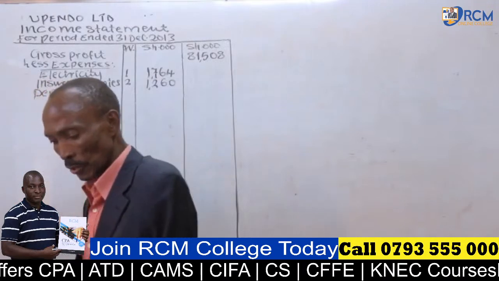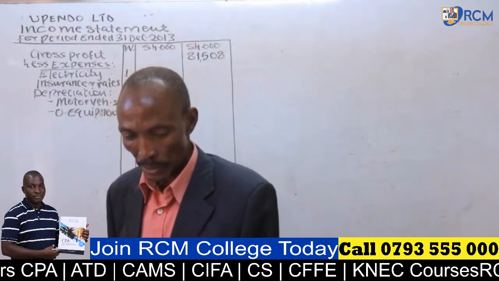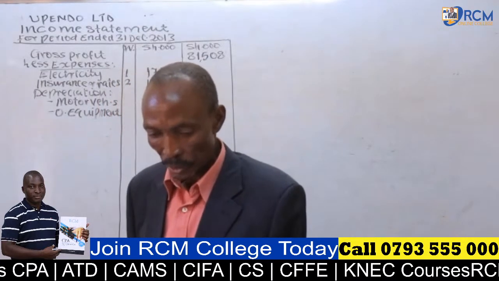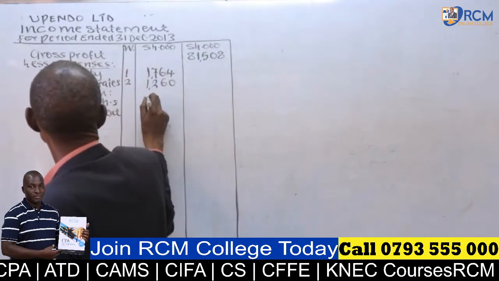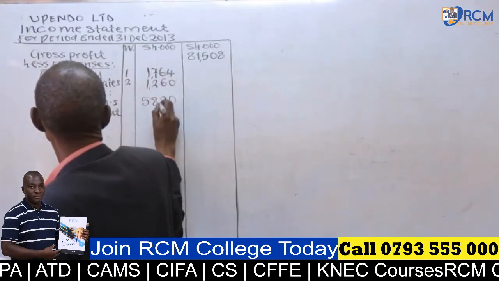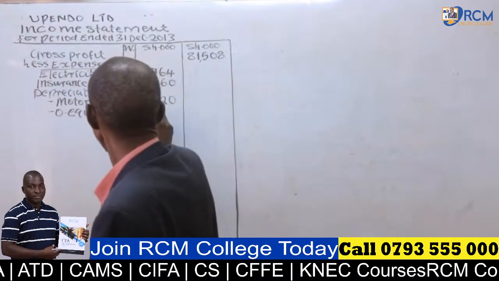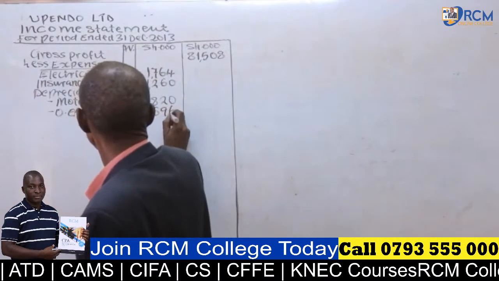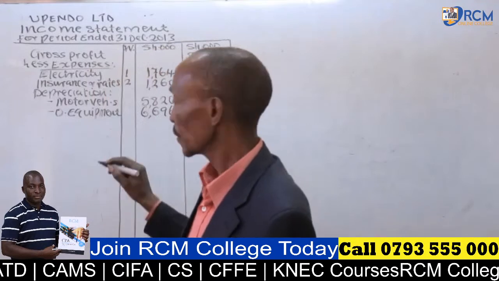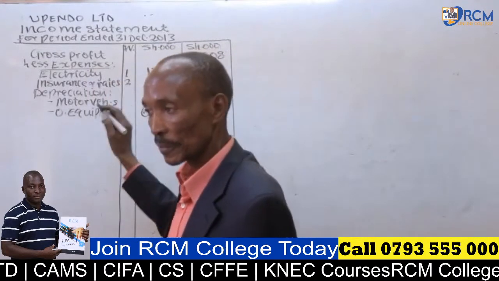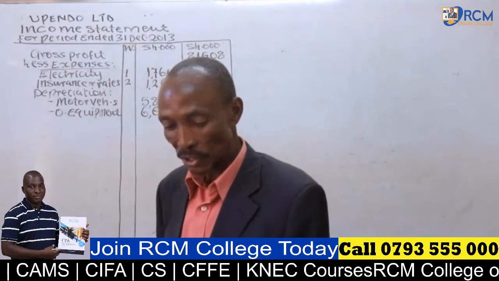The amount of depreciation for motor vehicles was 5820. Then equipment comes in with 6696. Now take note that when it comes to depreciation, our concern is with the current year's amounts. We are not concerned with the previous accounting periods, but the current depreciation charge.